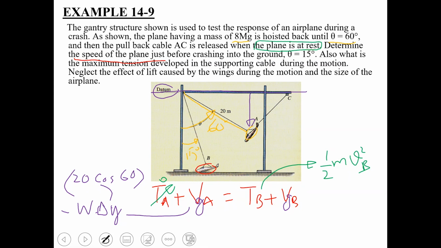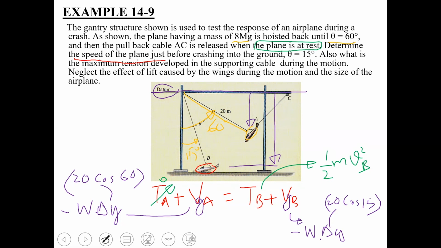Okay, now coming to the gravitational potential energy at position B. Since position B also lies below the selected datum, it is going to be again minus W times delta y, but now delta y for position B is going to be this delta y. This should have a value of 20 cos of 15, isn't it?